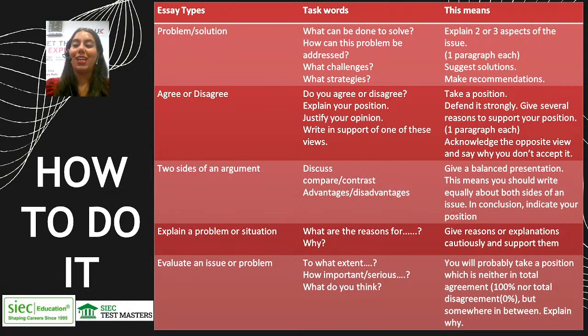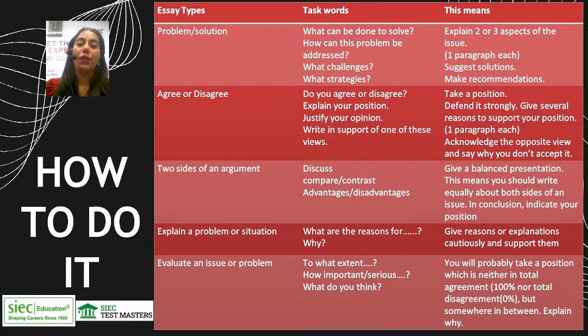The word challenges means this kind of problem is happening and it needs some recommendations, some solutions to tackle it. And with strategies, it's directly asking what solutions you would give. That is why the word strategy came into place.